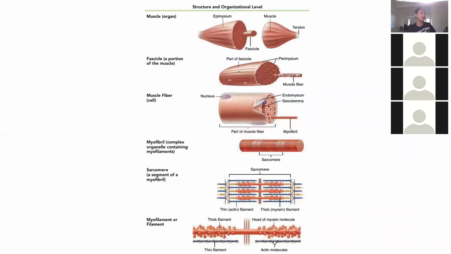And this is the hierarchy. Like the sarcomere. The sarcomere is the basic structural unit of the skeletal muscle, isn't it? What we need to know. So I'm going to take you to the very, very early slides.